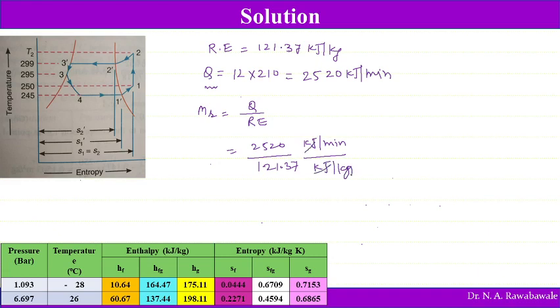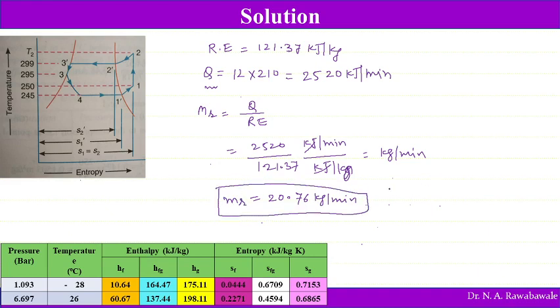Kilojoules cancel, kg from the denominator goes into the numerator, and the unit is kg per minute. So 2520 divided by 121.37 gives a mass flow rate of 20.76 kg per minute.